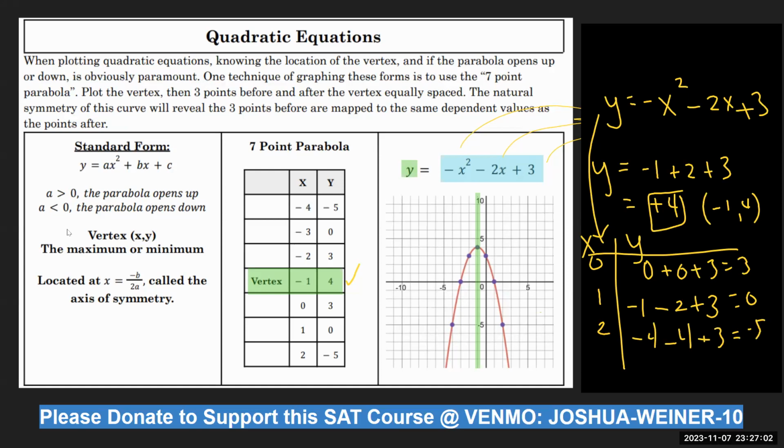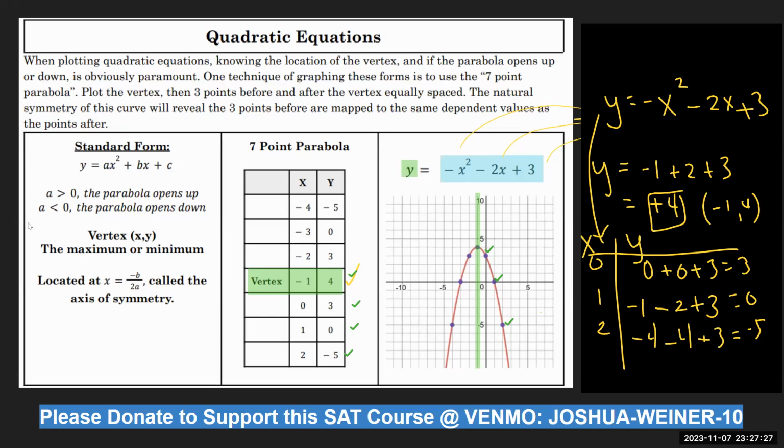So we have these points. You can see here (0, 3), (1, 0), and (2, -5). Those are here on the graph, on the right branch of the parabola. The 7-point parabola says, now we have the vertex, and we have the points that are on the right side.